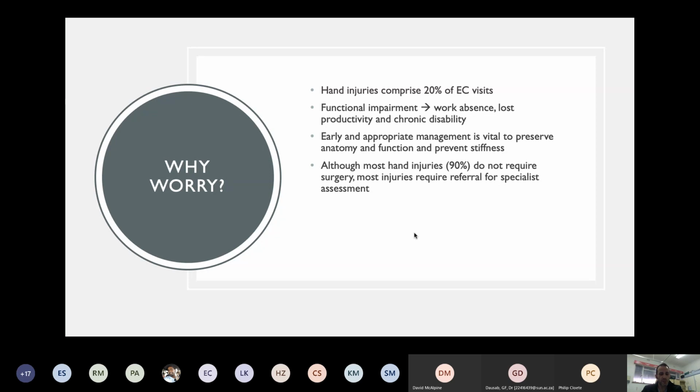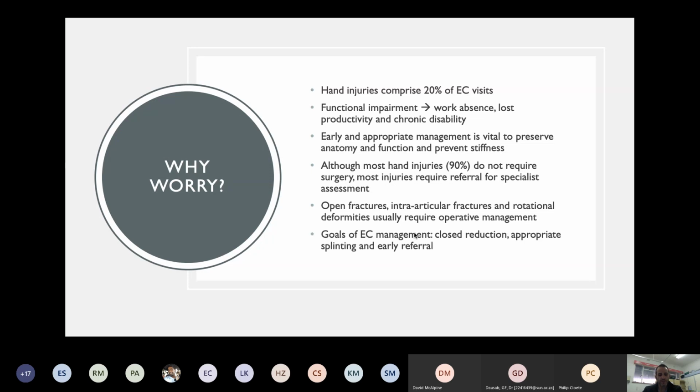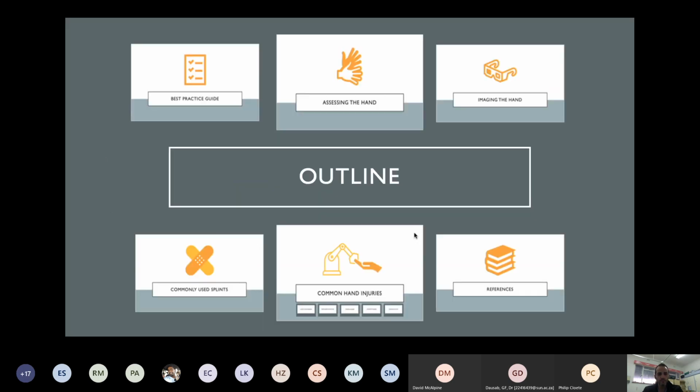Most hand injuries actually don't need surgery, about 90%, but most injuries do need to be referred to a specialist for further assessment. Obviously, open fractures, intra-articular fractures, and rotational deformities usually require operative management. So our goals as emergency care practitioners are to facilitate closed reduction, do appropriate splinting, and make sure that the patients are referred early.